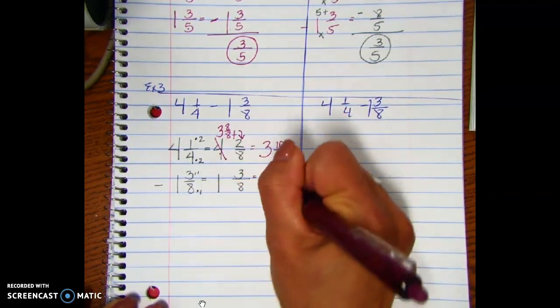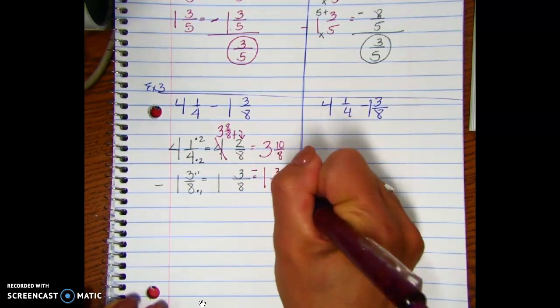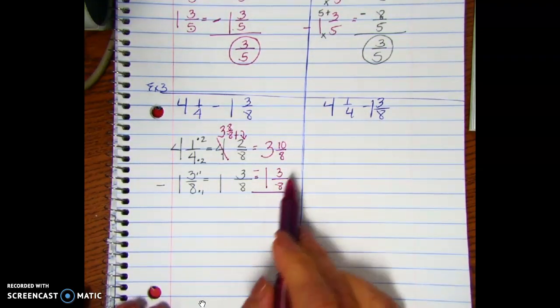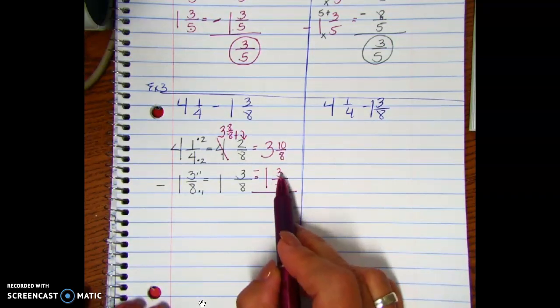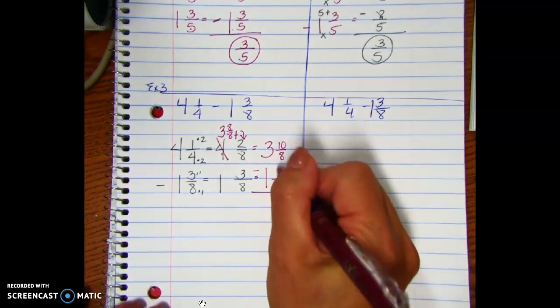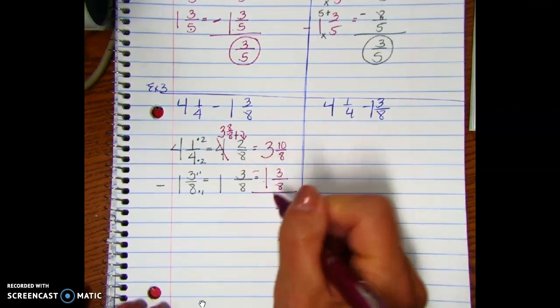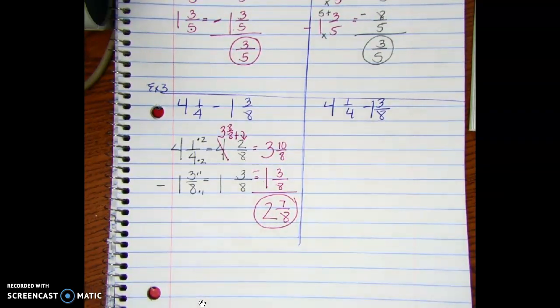I just bring this one right over, minus 1 3/8. And then I subtract, because now my numerator here is larger than my numerator here, so I take 10 minus 3 is 7/8. 3 minus 1 is 2, and there's my answer. It's a little bit of work, but it's regrouping.